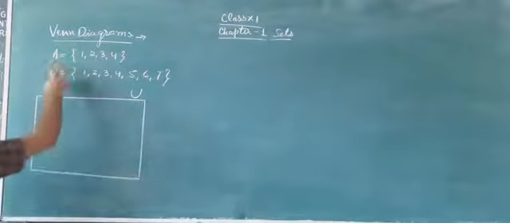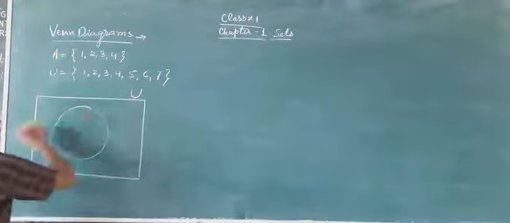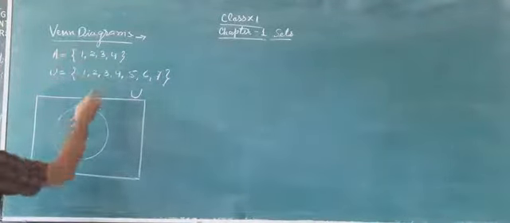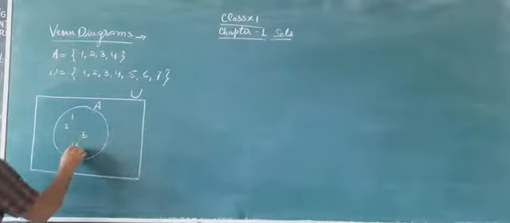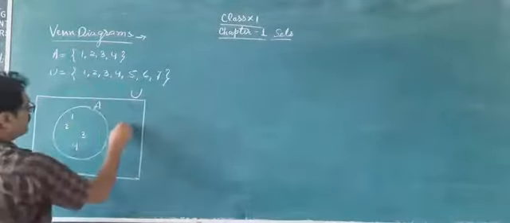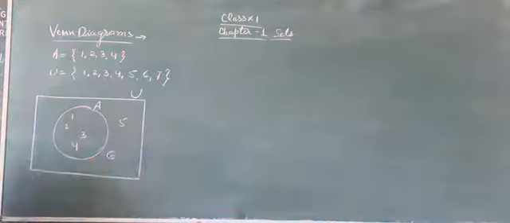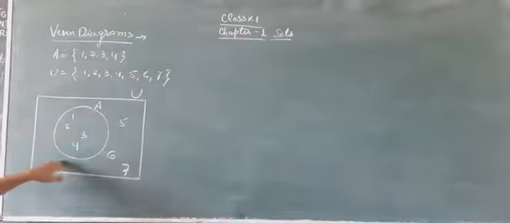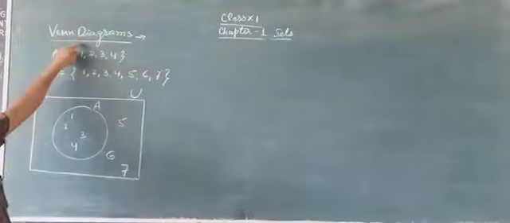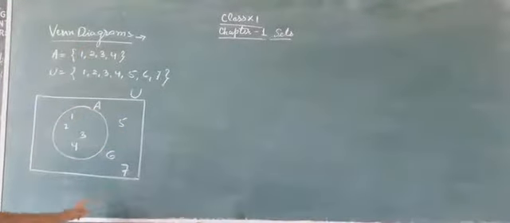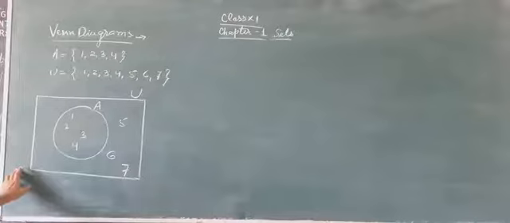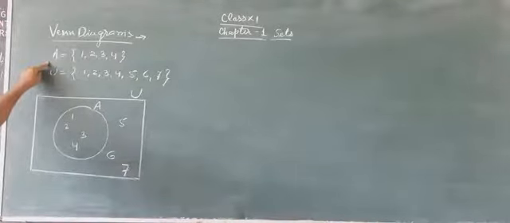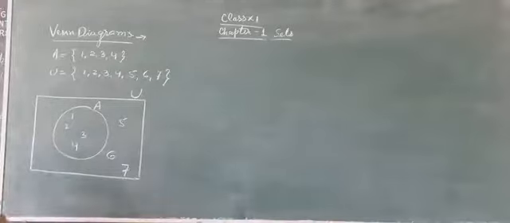This is U, this is A, a circle A in which 1, 2, 3, 4 lie, and the rest of the elements 5, 6, and 7 you can write wherever. So a Venn diagram is a way of representation of sets and their relation between other sets, if the sets are given.